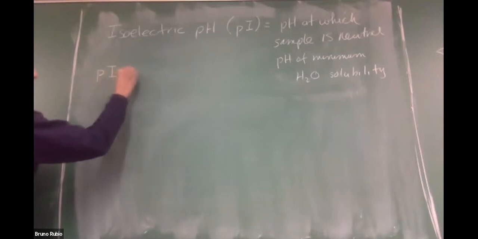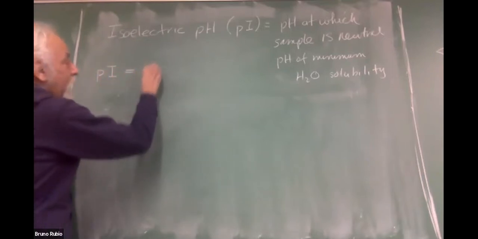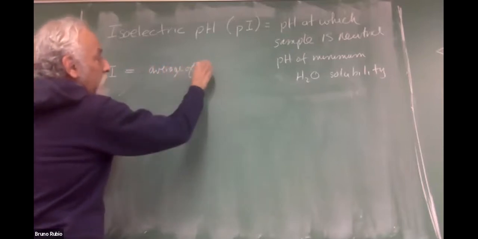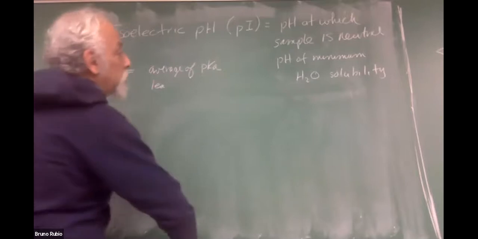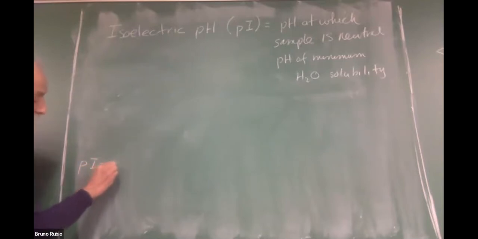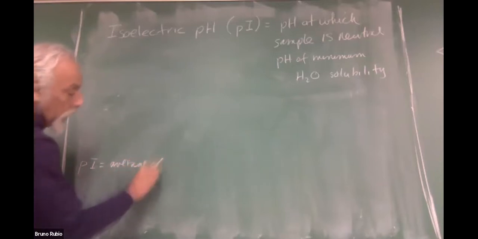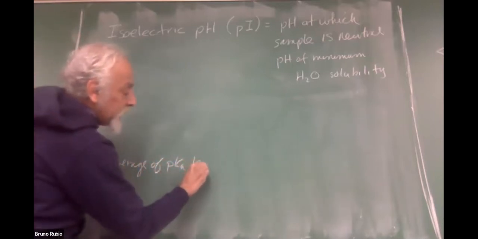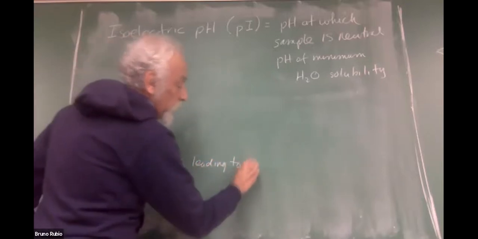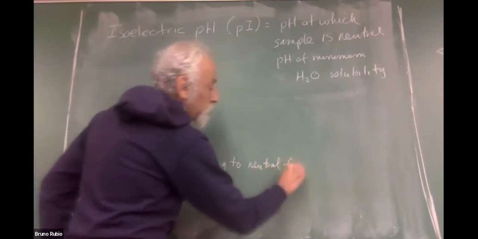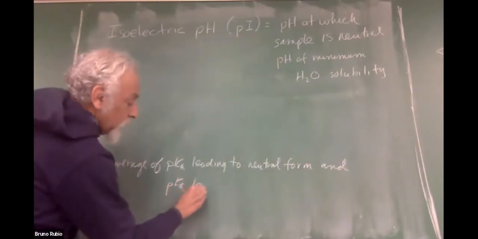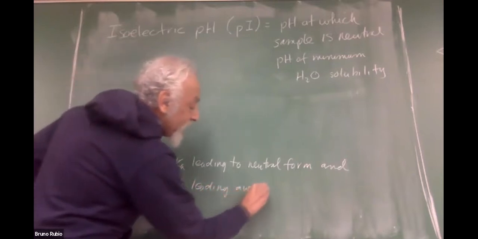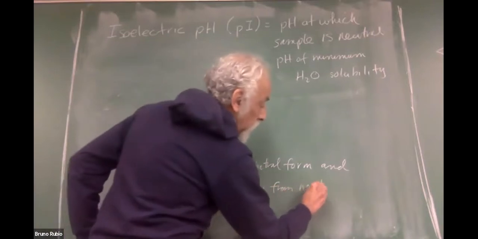The isoelectric point is equal to the average of the pKa leading to the neutral form and the pKa leading away from the neutral form.